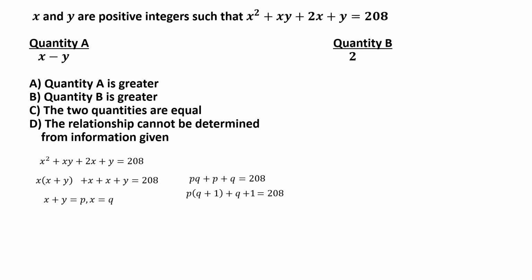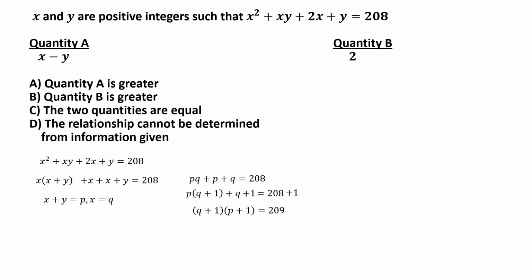However, to maintain parity, we also got to add 1 on the right hand side. So we have 208 plus 1 on the right hand side. And now we take q plus 1 as common, and we end up with this factorization, q plus 1 multiplied by p plus 1 on the left hand side, and on the right hand side we have 209. So essentially we have q plus 1 multiplied by p plus 1 equal to 209.